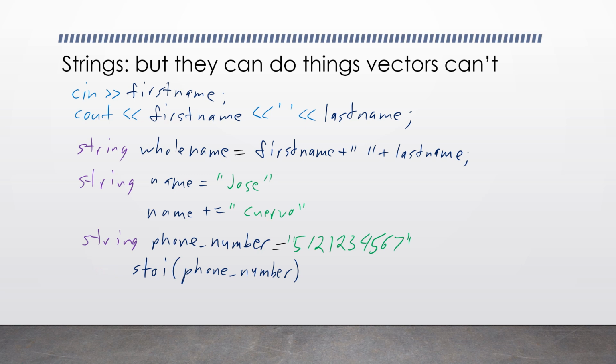Forgot to name my int. int pnum equals S2I of phoneNumber. Okay. You can also do S2F to create a floating point number, or S2D to create a double.